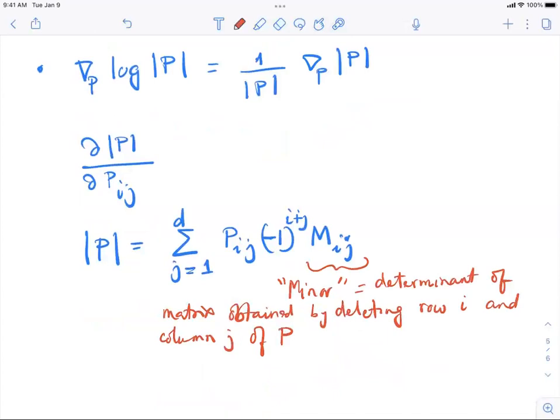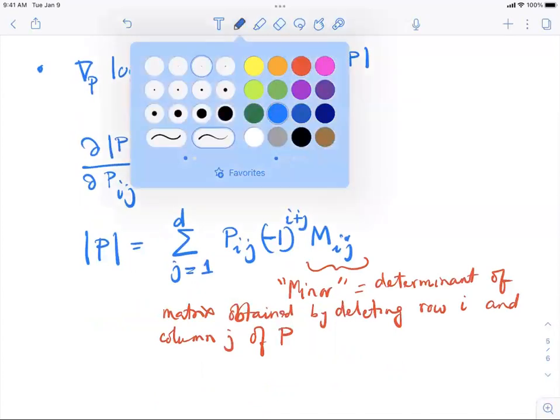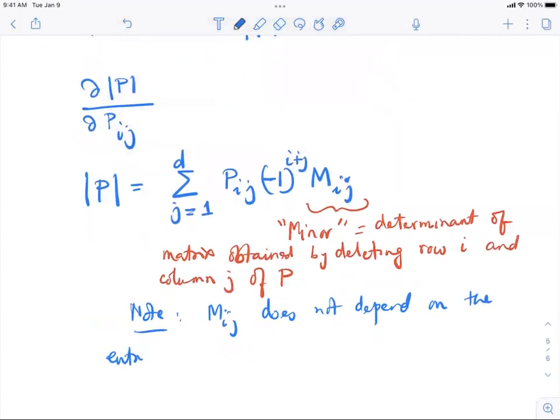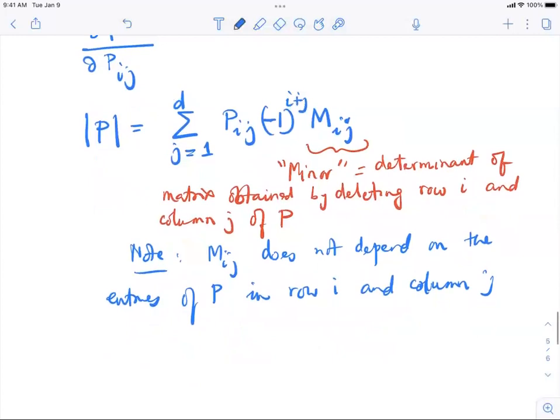And note that M_ij does not depend on the entries of P in row i and column j by definition, because I have deleted those rows and columns and then computed the determinant.